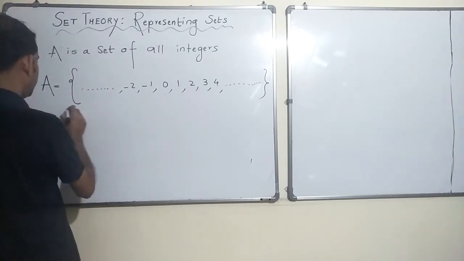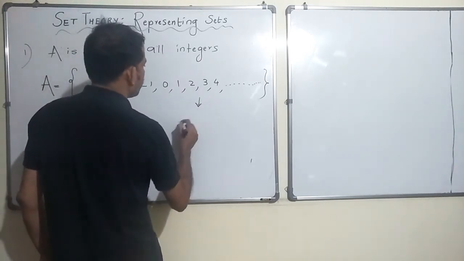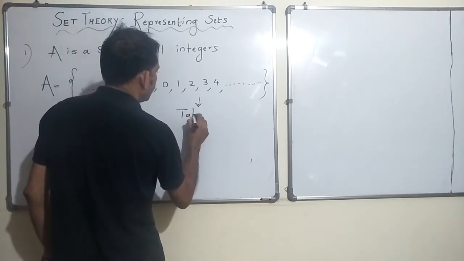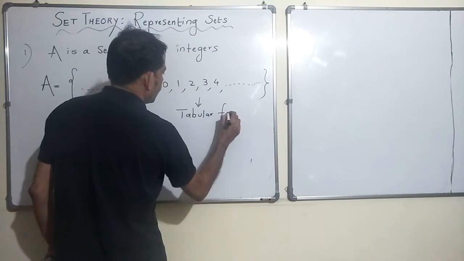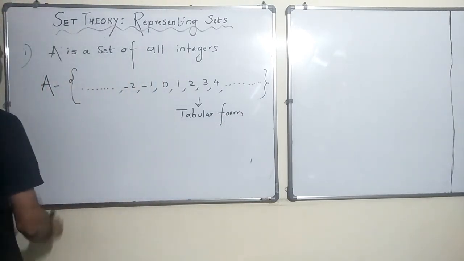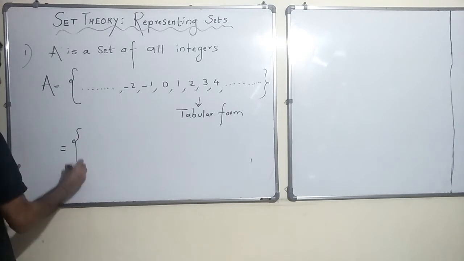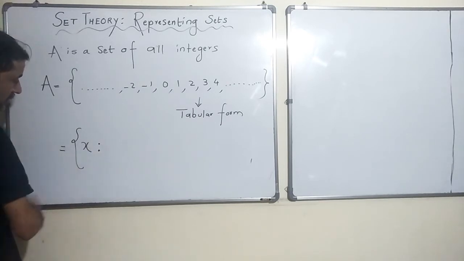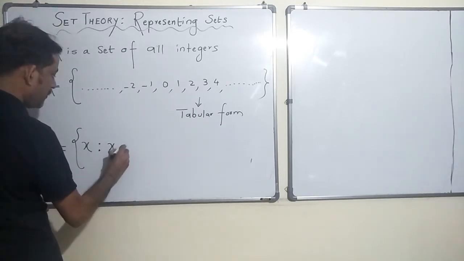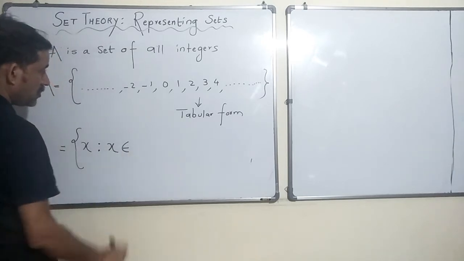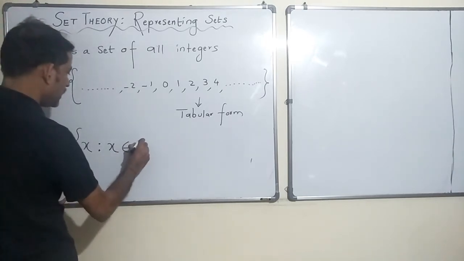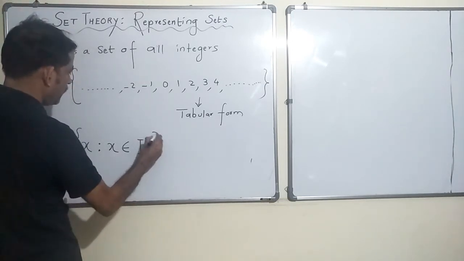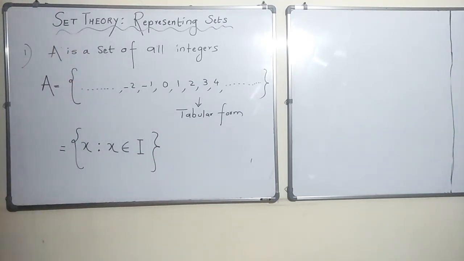This is the tabular form. The same one I can write as A is a set of X such that X belongs to integers. Can I say I or Z? Solved. Now this is much simpler.